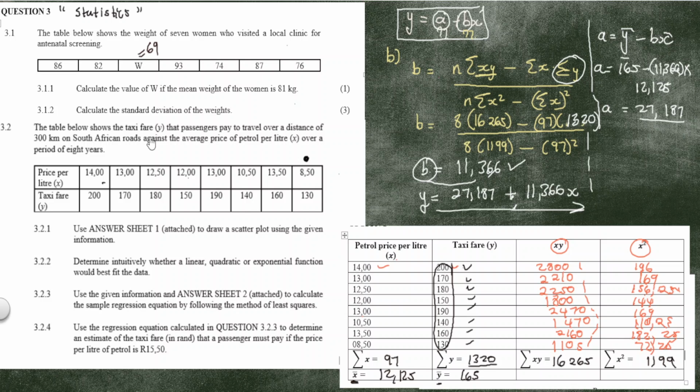Now, for the next question, we're going to be extrapolating. Use the regression equation calculated in 3.2.3 to determine an estimate of the taxi fare in rands that a passenger would pay if the petrol price is 15.5.